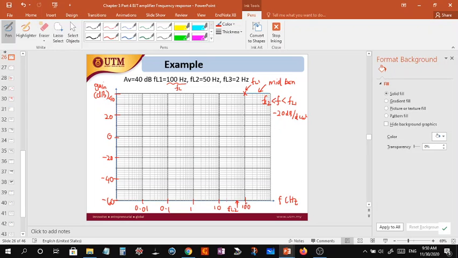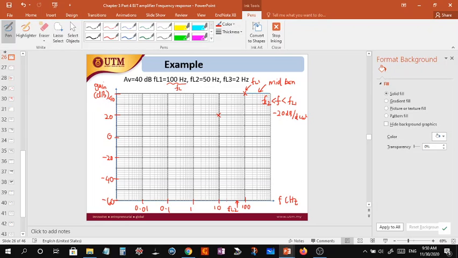FL1 is 100 Hz. So 1 decade below 100 Hz is 10 Hz. At 1 decade below, the gain will be reduced by 20 dB. So the initial gain is 40 dB. After 1 decade, the gain will be 20 dB. So at 10 Hz, the gain is 20 dB.